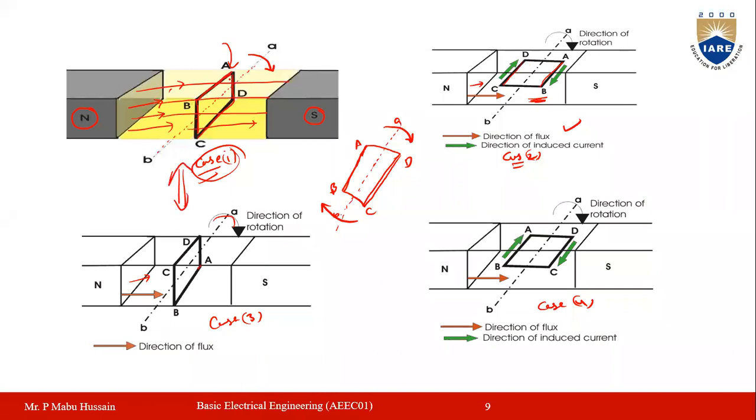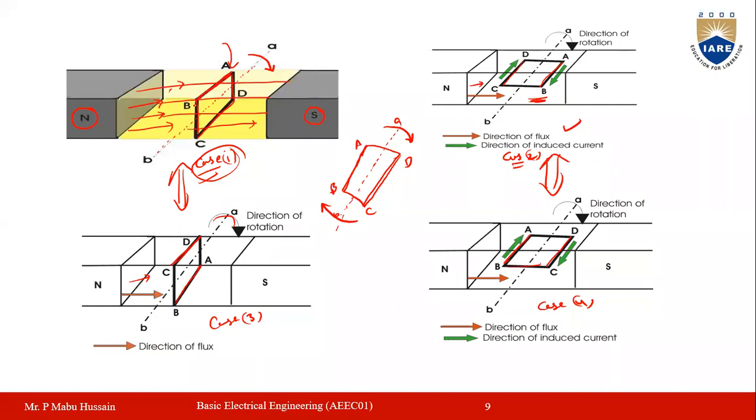In the first case, AB is on the upper side and CD is below. But after 180 degrees rotation, AB is on the downside and CD is on the upper side. If you rotate 90 more degrees, then here you will get AB and here CD, which is in the opposite direction to the second case.